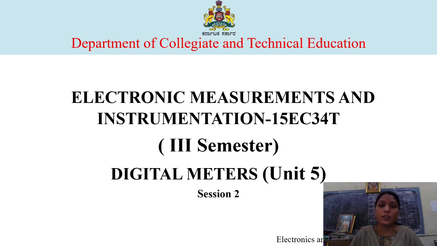In the previous session we discussed digital meters: the basic block diagram of digital instrumentation, the advantages and disadvantages of digital instrumentation and analog meters, the comparison between analog and digital instruments, and the advantages of digital meters over analog meters.